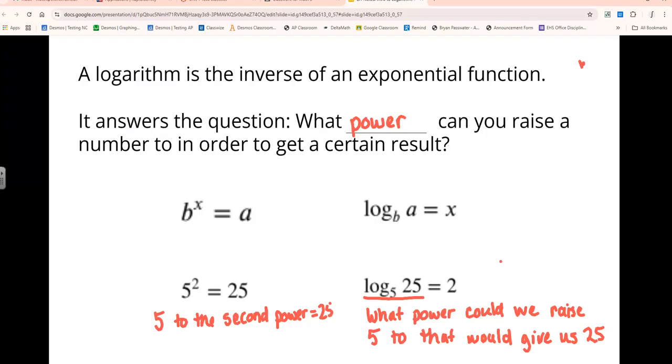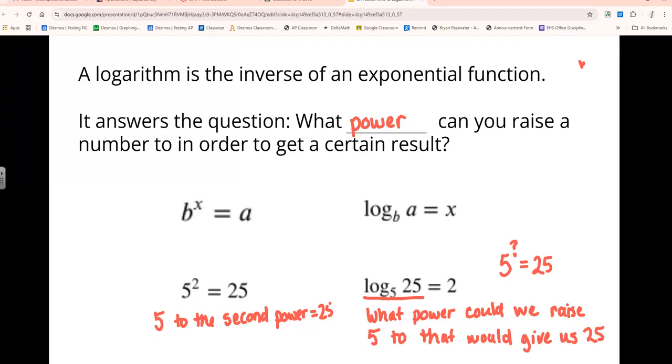So you're thinking, it's almost like this: 5 to what power would equal 25? And if I asked it that way, if I said 5 to what power equals 25, you guys would have been able to tell me 2. But if I say, what is log base 5 of 25?